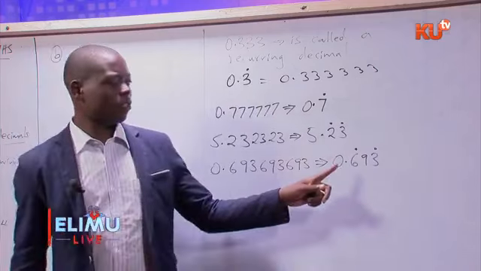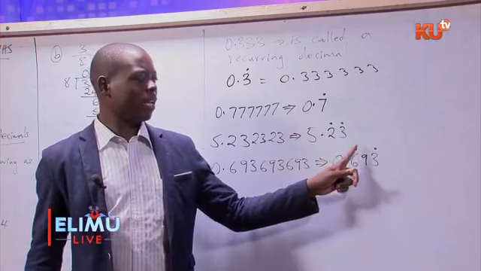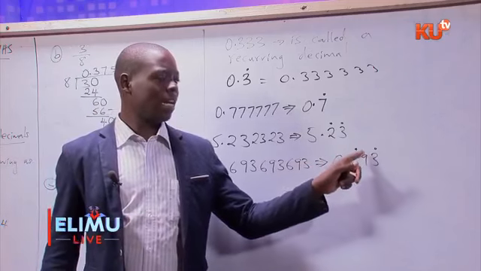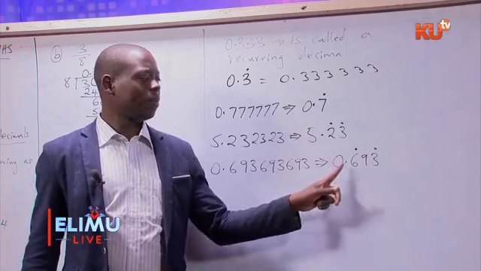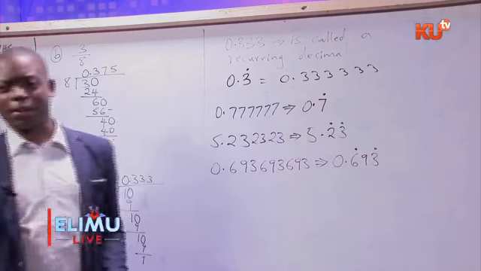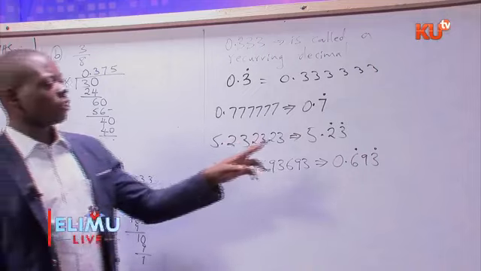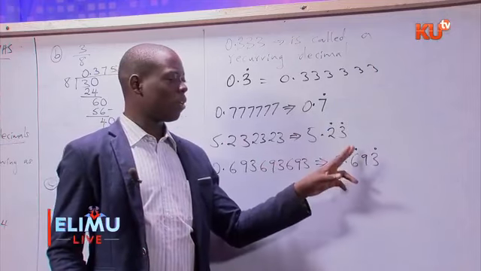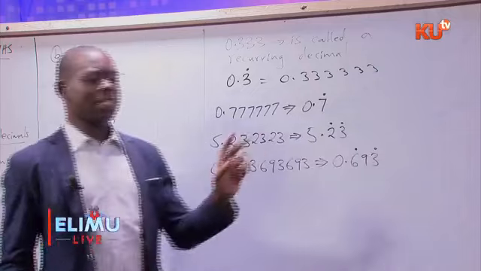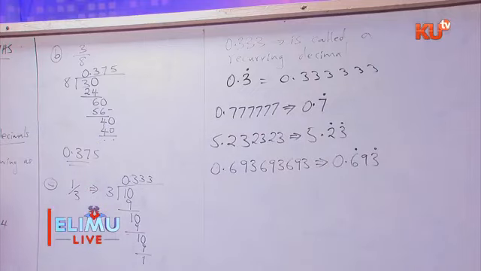So when you find a situation whereby there is a dot on top of 6 and 3, and there is 9 in between, that means all these digits are recurring. So when there are 3 digits recurring, we may not put the dots on all the digits, but rather we put the dot on the first and the last digit, so as to mean all of them are recurring.